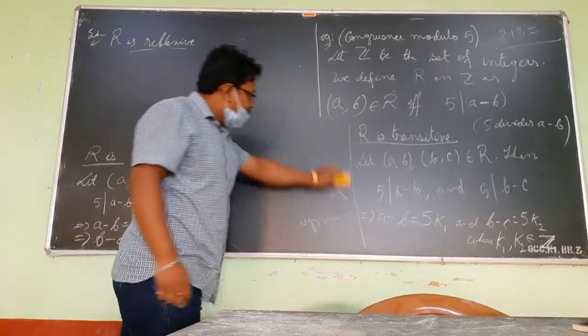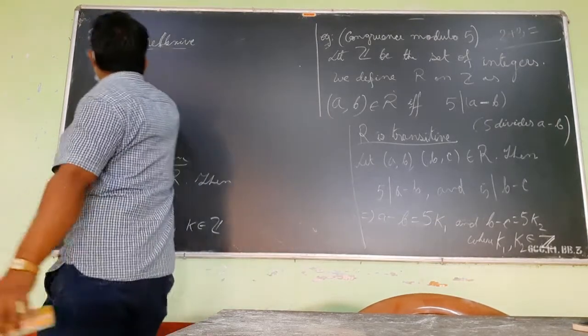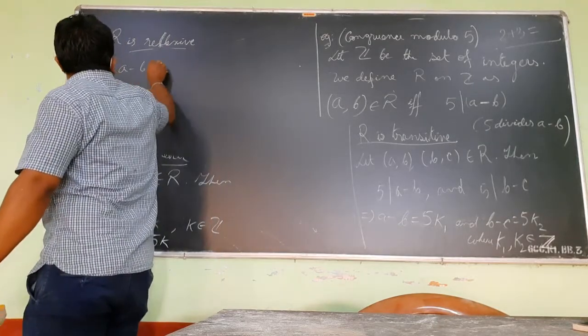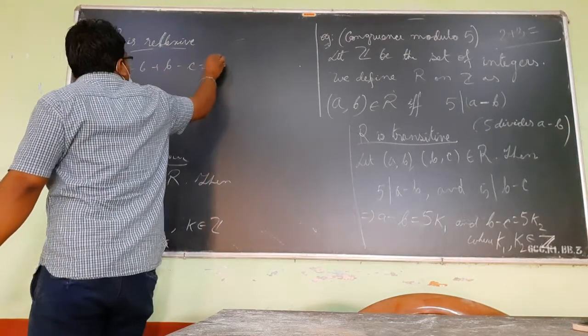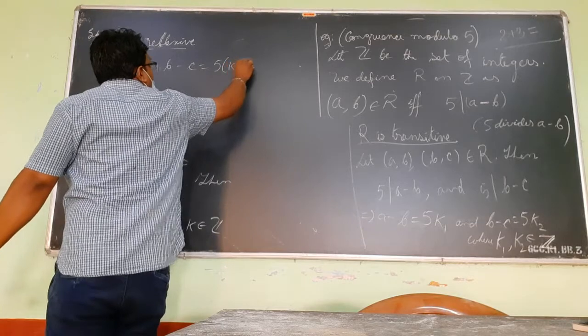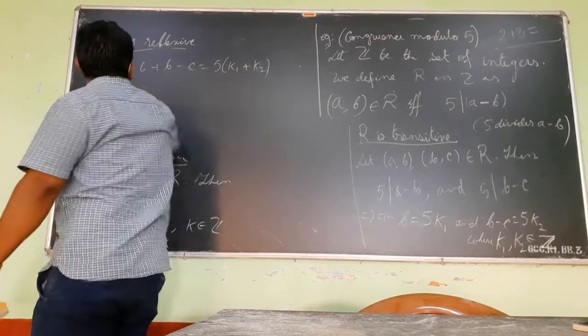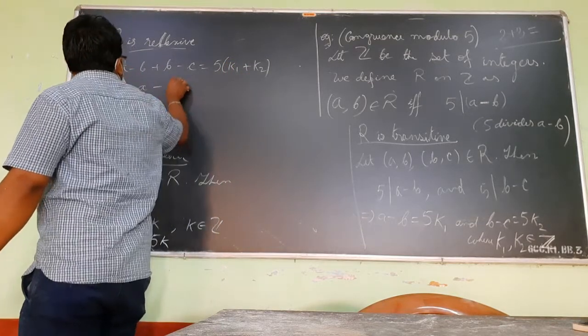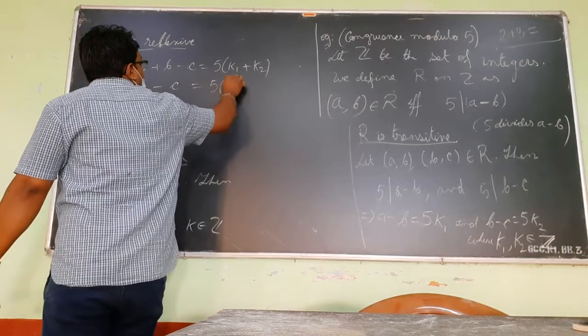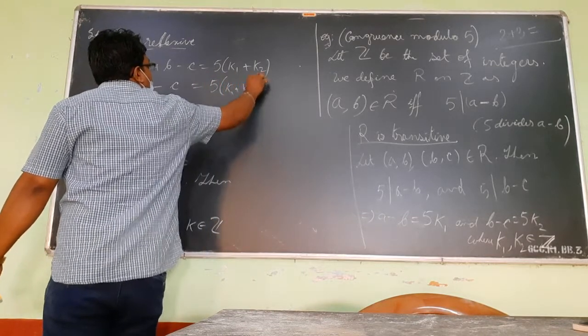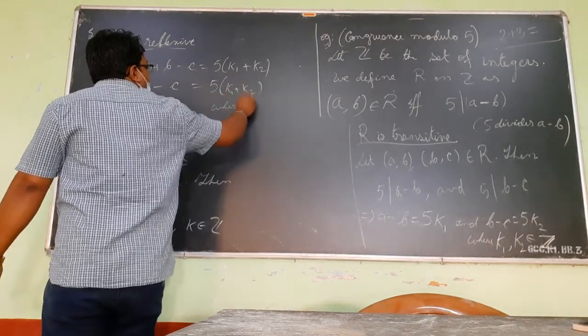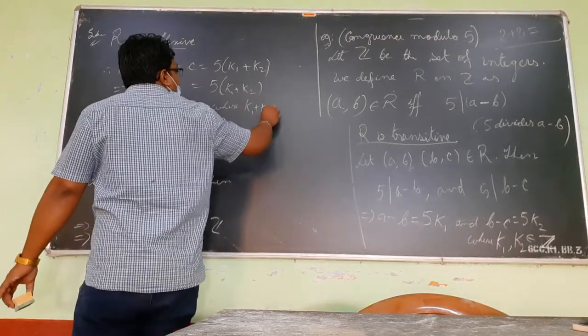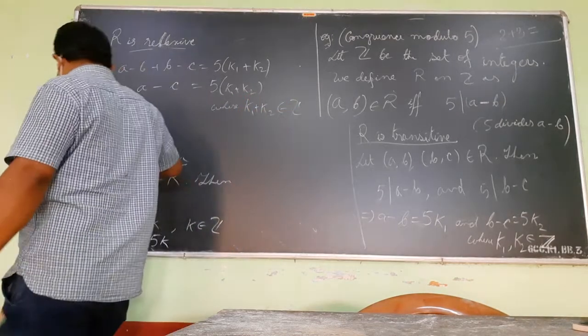A minus B plus B minus C equals 5 into K1 plus K2. So A minus C can be written as 5 into K1 plus K2, where K1 plus K2 is an integer, since the sum of two integers is an integer.